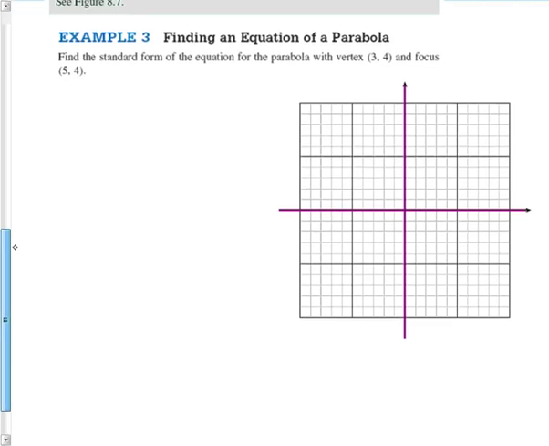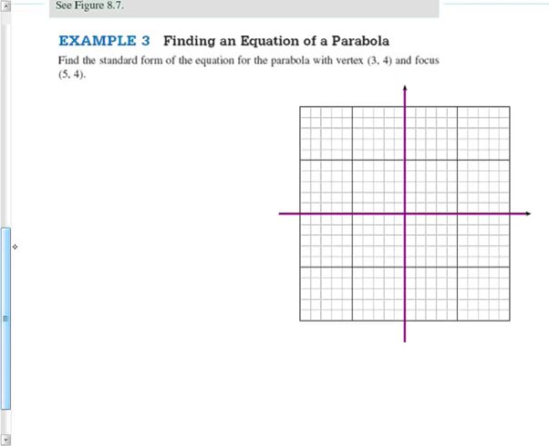So they say here, find the standard form of equation of a parabola that happens to have the vertex at 3, 4 and the focus at 5, 4.